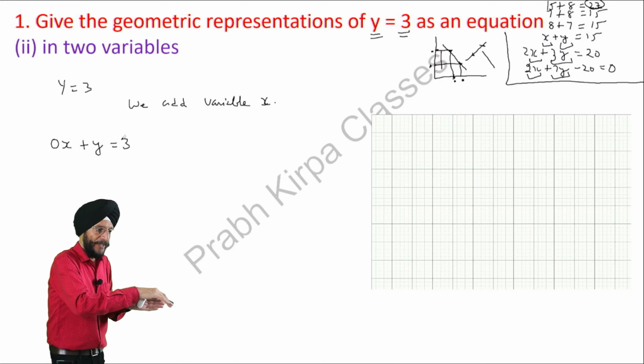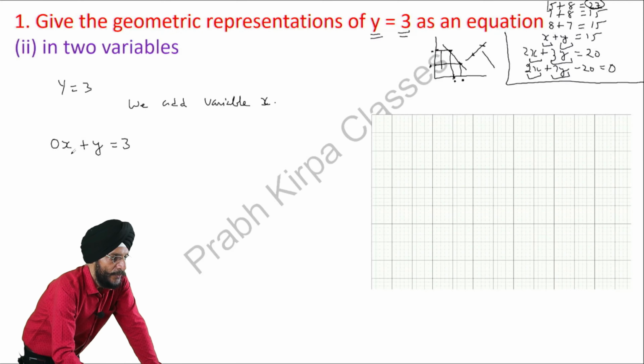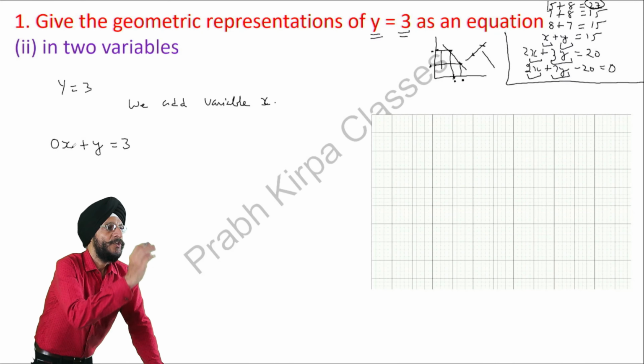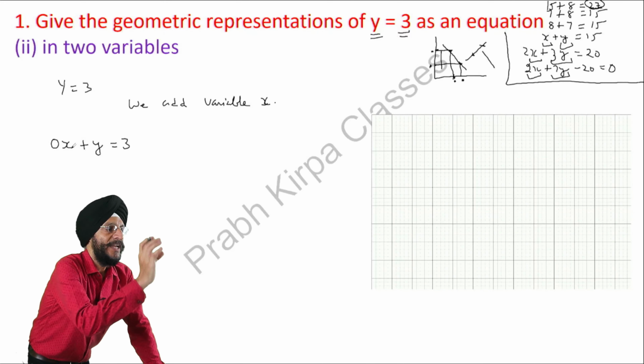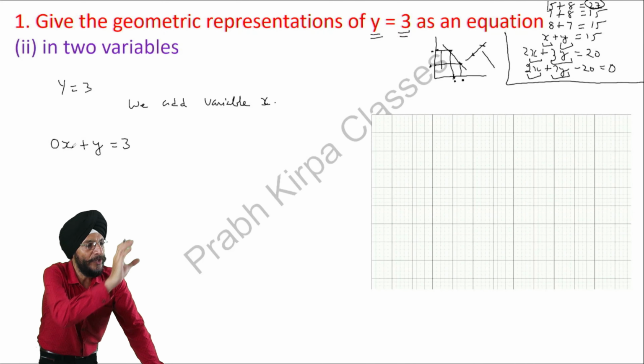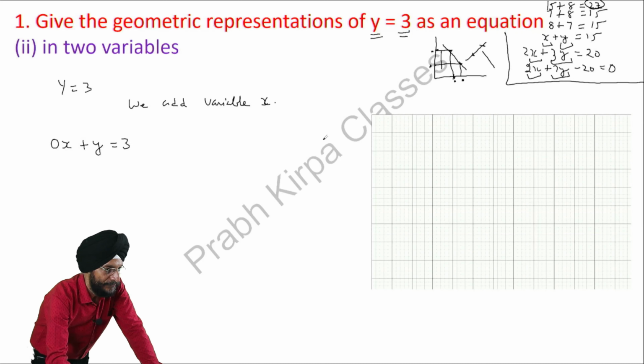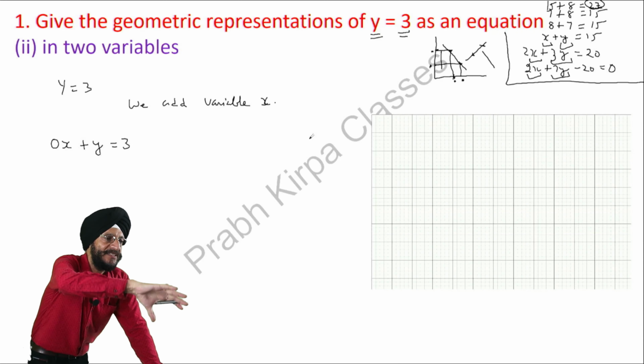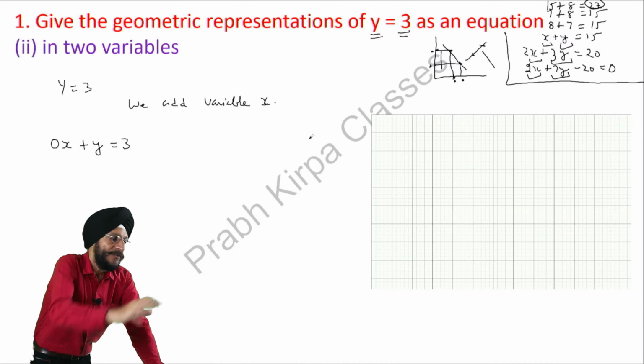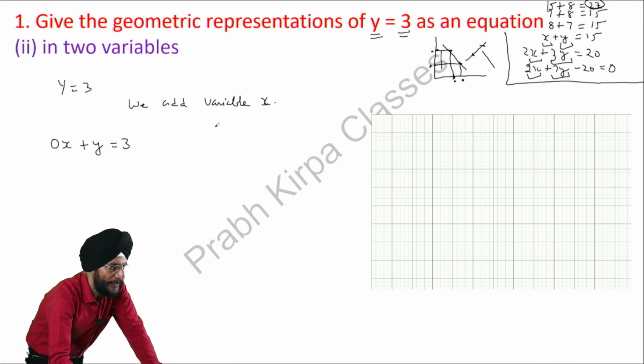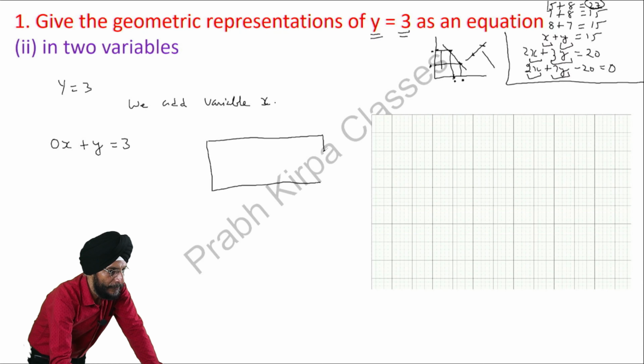Now we come to the main question. In this case, we have to find at least 2 solutions of x and y so that we can form the graph. I hope you have understood the basic points so that you can form a graph. So here we will draw a table.